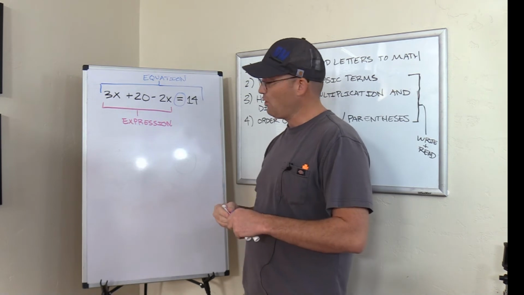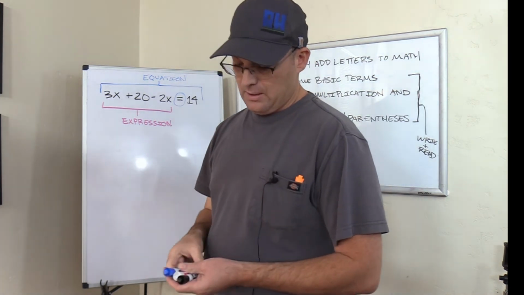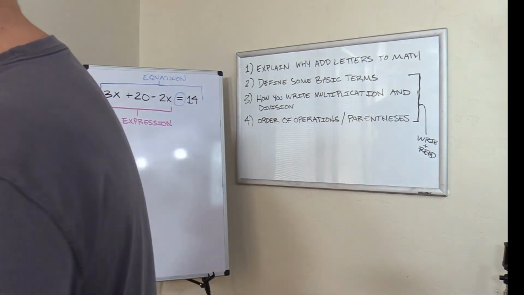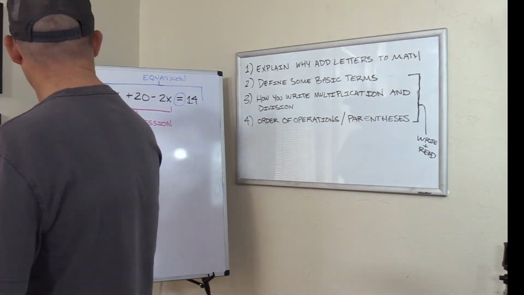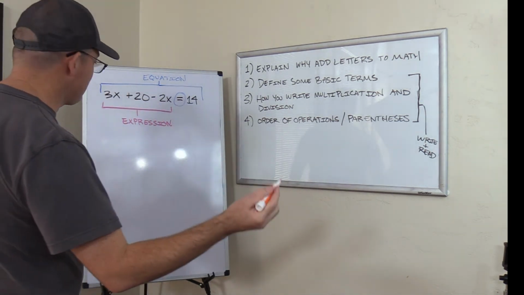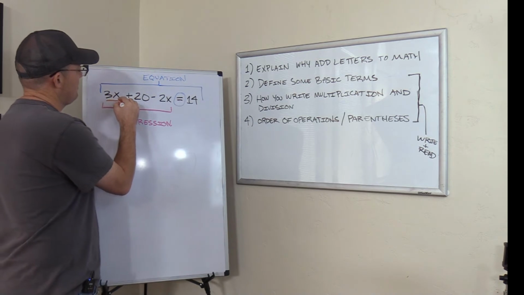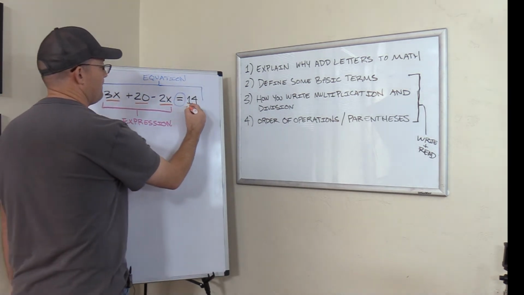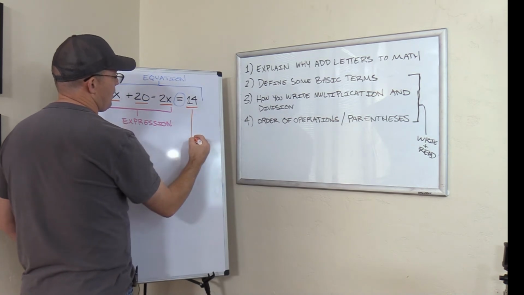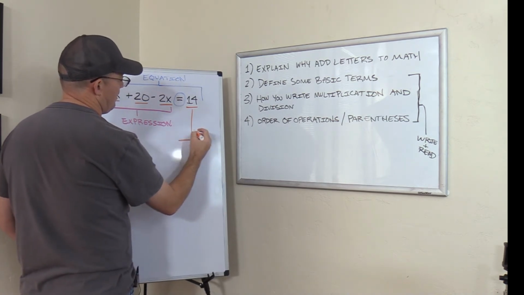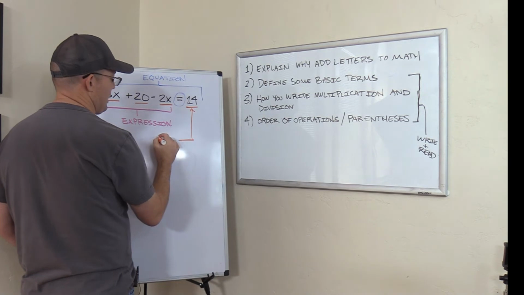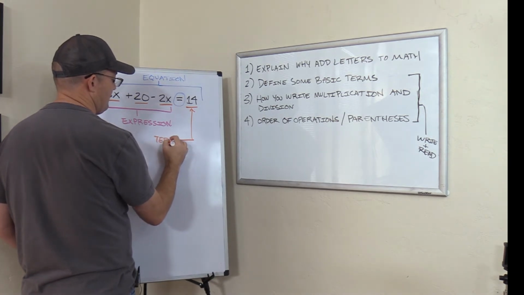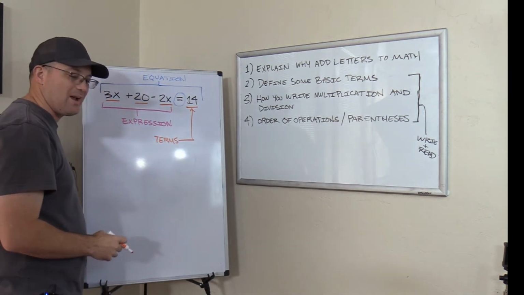Okay, now these little parts of the expression or the equation that are separated by plus signs and minus signs, these right here, this too, these are all called terms in algebra. Okay, those are called terms. They're like words.